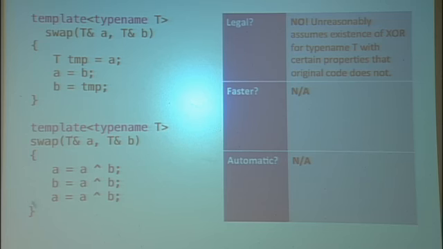But I'd rather not assume that T, the arbitrary type name, has an operator XOR defined for it that has all the properties that you need in order for it to do this. Like, the simplest example is if I pass in a double, this would not work. Double does not have an operator XOR defined for it.